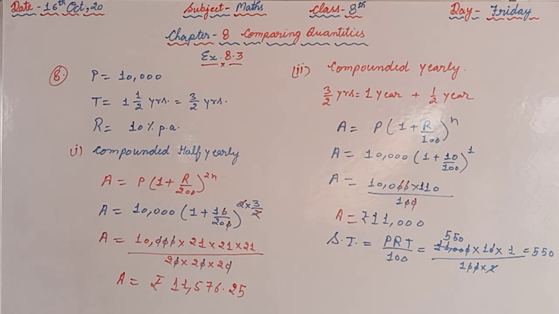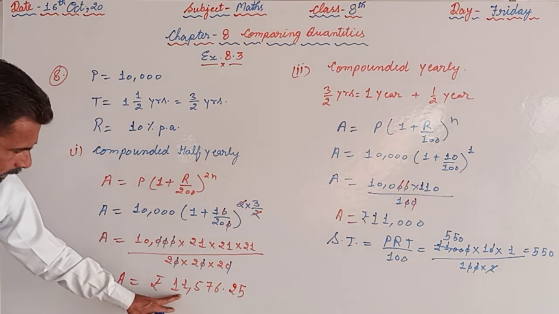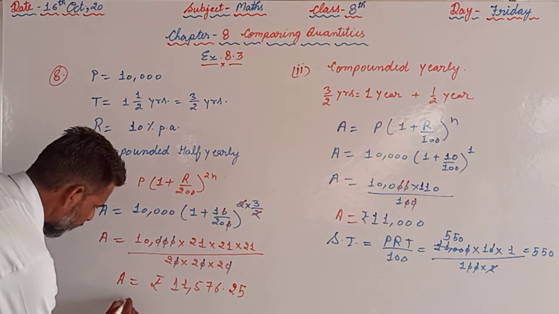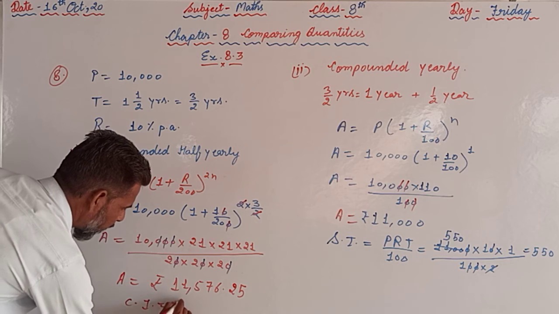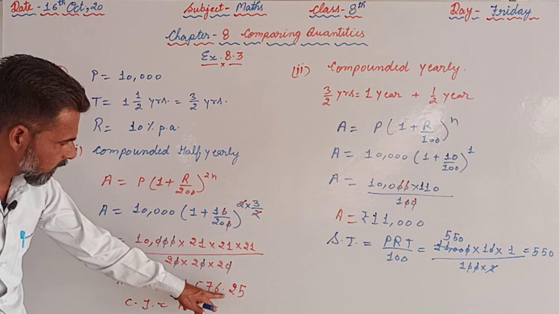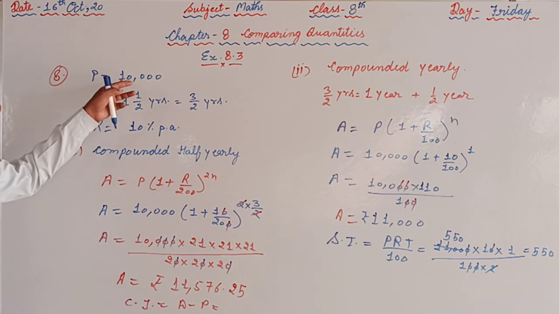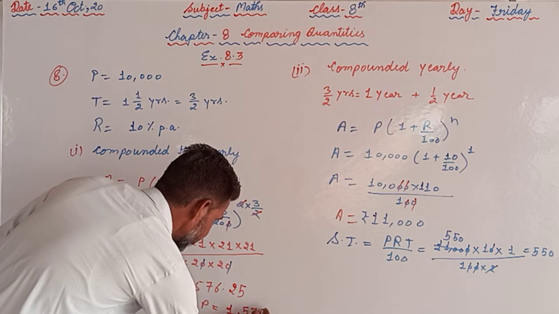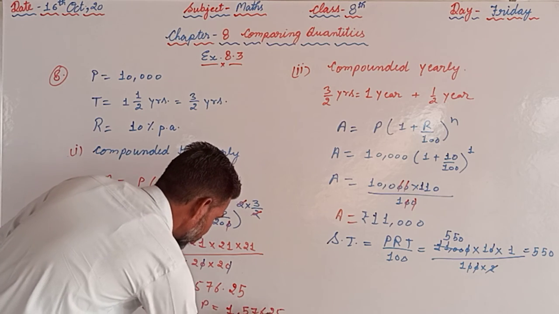Now in this question we have to compare in which case the compound interest will be more, whether half yearly or yearly. In the case of half yearly, we are getting the amount 11,576.25. So here the compound interest will be amount minus principal, means 11,576 rupees 25 paise minus 10,000, and that is 1,576.25.